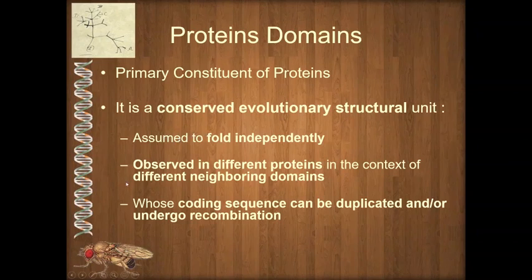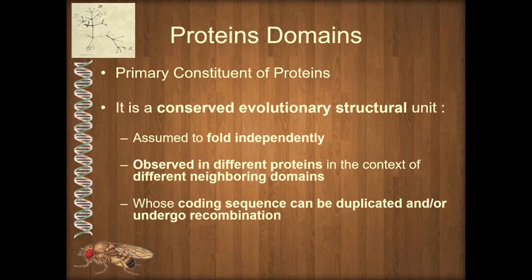And they can be observed in the context of, again, these neighboring domains, but we can see different proteins that have sometimes the exact same domain. And so I want you to start thinking about that. If I have protein A with a recognizable domain, and then I find another protein, maybe even in a very, very different part of the genome, right?